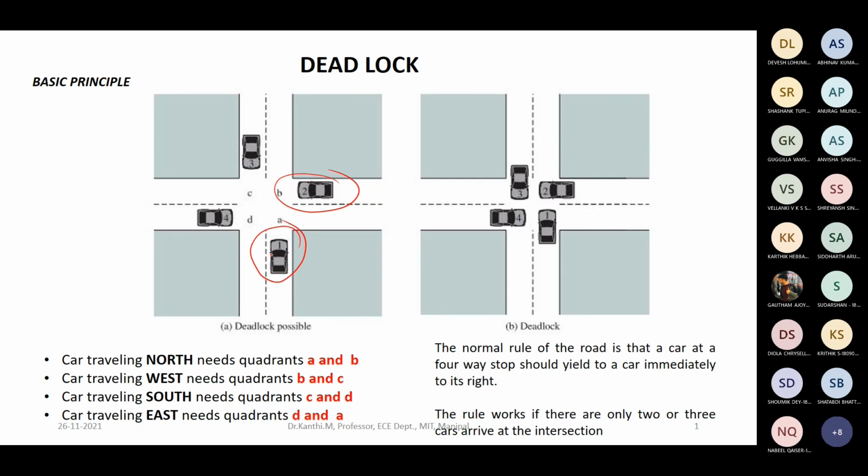If I have to move to the north, this one needs to stop and give a path for the vehicle going north, and then further this can move. After leaving the way for 1, we can make the move for 2.